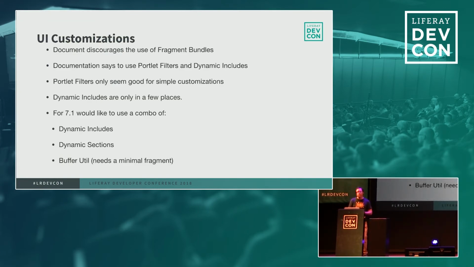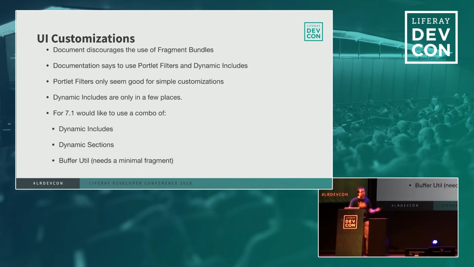So UI customizations, probably the part I was the most confused with. If you look in the documentation, we discourage the use of fragment bundles. I even think we say they're deprecated. I would like to stop using them as much as possible, and just inject customizations using either dynamic includes, or there's a new dynamic section within 7.1 that lets you customize a whole section of a JSP.